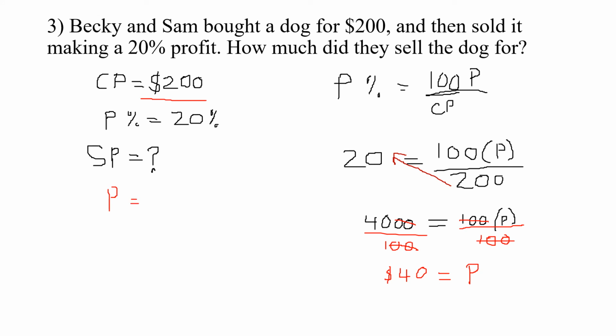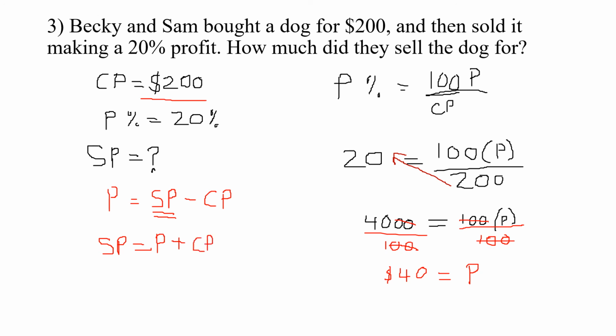Profit is equal to selling price minus cost price. This is a profit formula. And from here now, I make the selling price the subject of the formula. So by doing that, I will get selling price is equal now to profit plus cost price. That is how I come up with it.